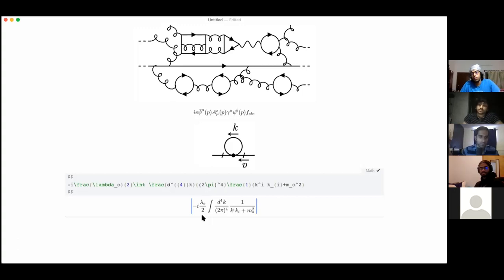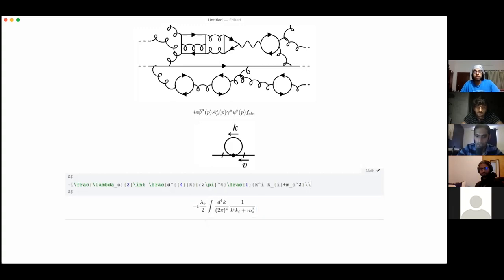It's infinite either way. So you can't regulate in Lorentzian signature by saying that k squared equals something.